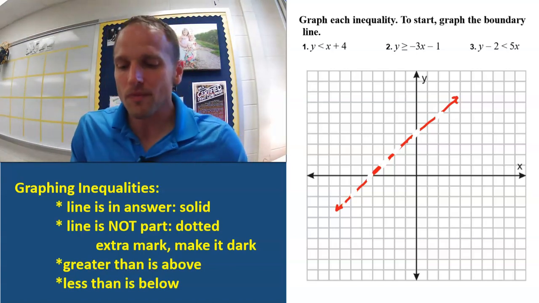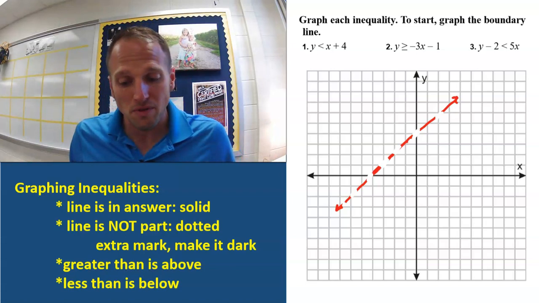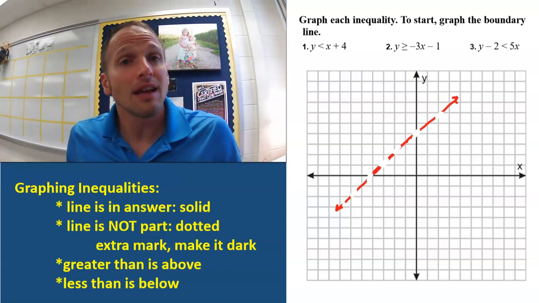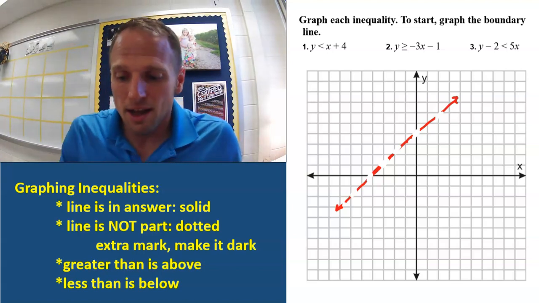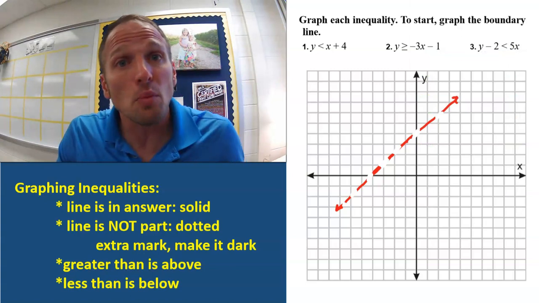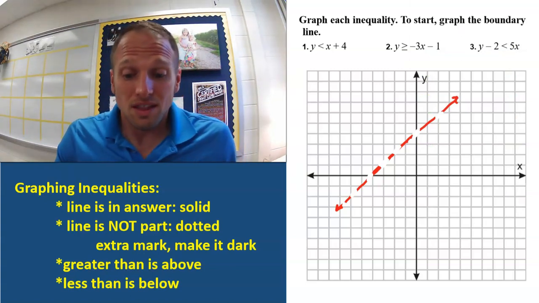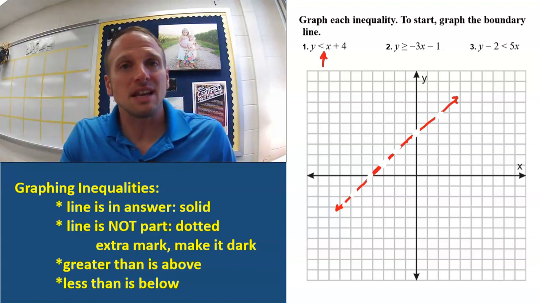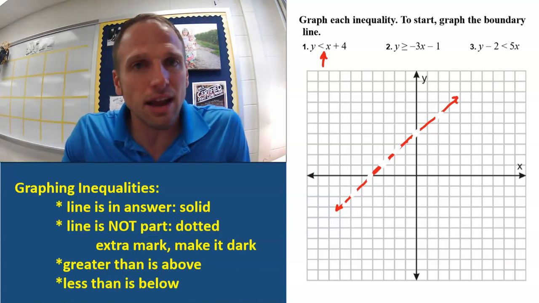So only one difference so far from everything we've done before. We know how to graph a line. Great. Graph the line, then decide whether it's solid or dotted. And then the last thing we have to do is decide whether we're going to shade above or below that line. Well, this is a less than sign. Does less than sound like above or below? Well, it sounds like below, right?